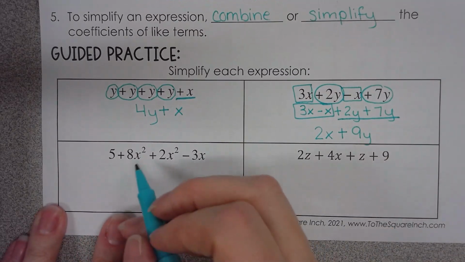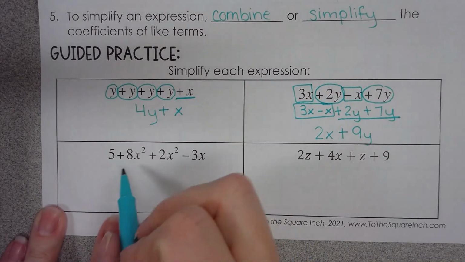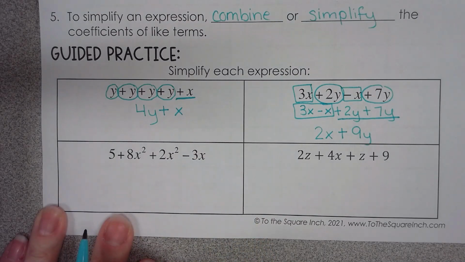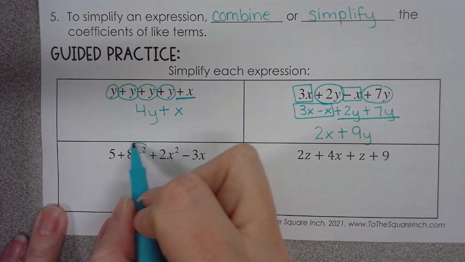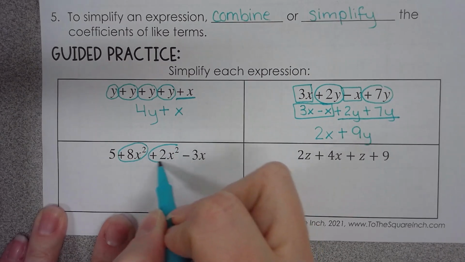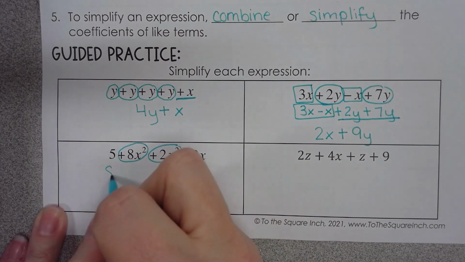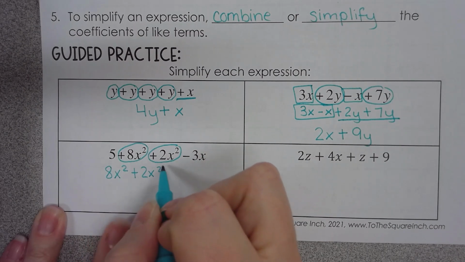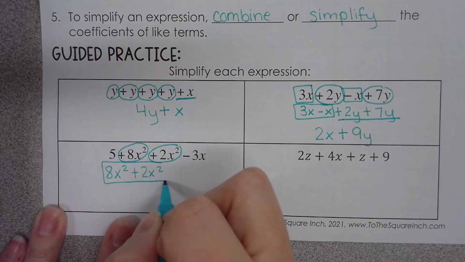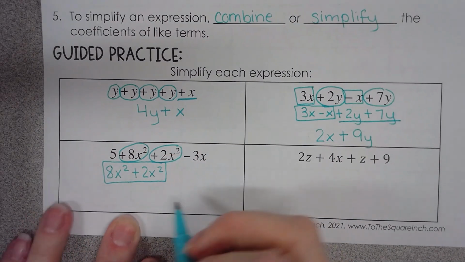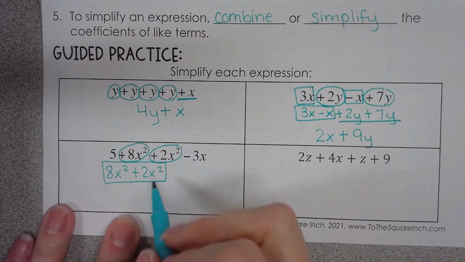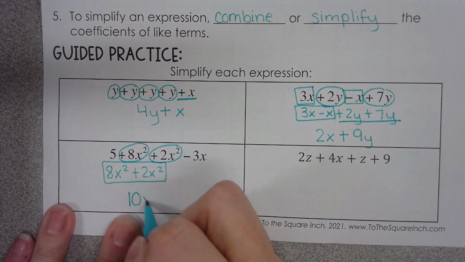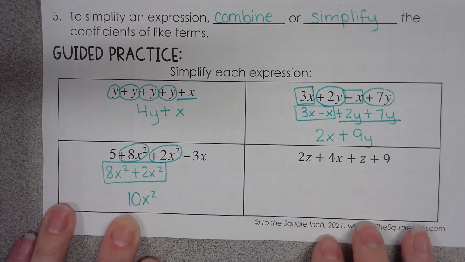All right, let's look down at the bottom. I have an 8x squared plus a 2x squared. So I'll rewrite that: 8x squared plus 2x squared. They are like terms. If I combine 8x squared and 2x squared, I get 10x squared because 8 plus 2 is 10.